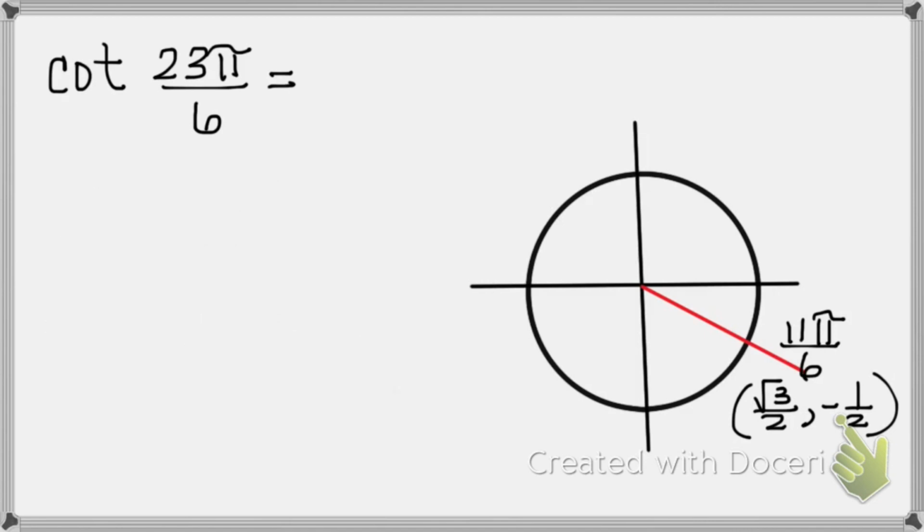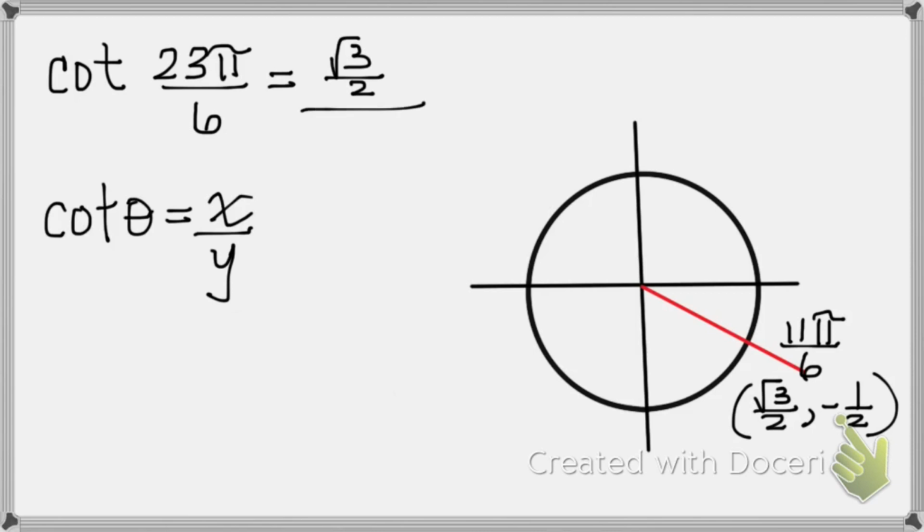Now I've got my angle on the unit circle, and I have the point associated with that angle. Consulting my definition of cotangent theta, I see that cotangent theta is x over y, and I've got my x and my y here. x, rad 3 over 2, over y, negative 1/2.